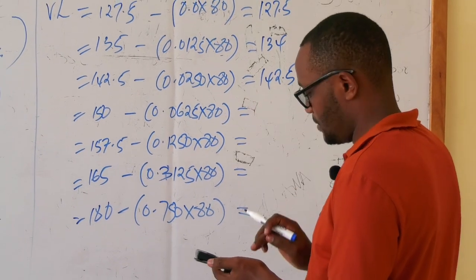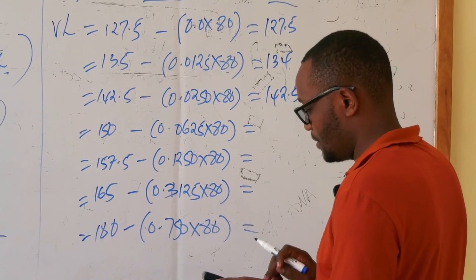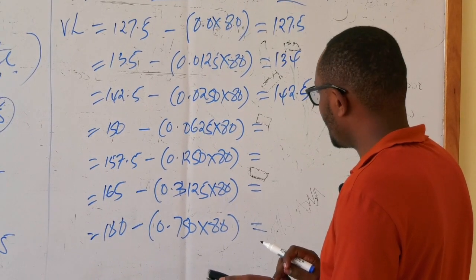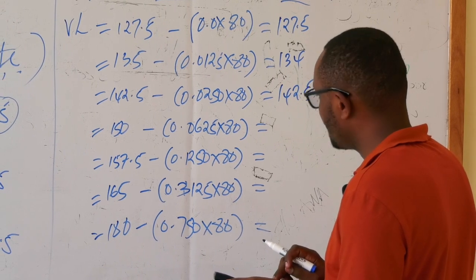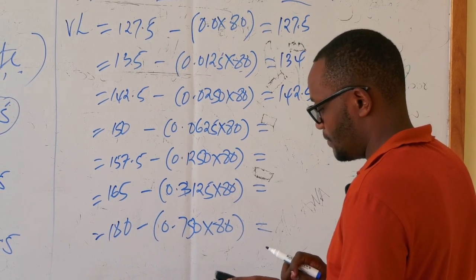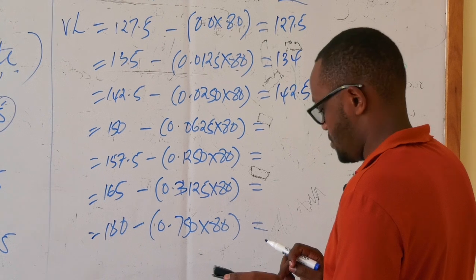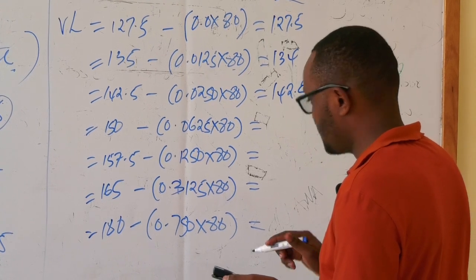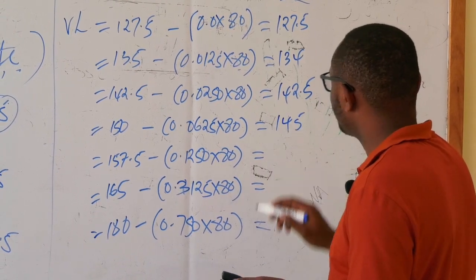So we go to this one. It's better to confirm instead of rushing to give out the answers and you have gotten them all wrong. 150 minus 5, 145.